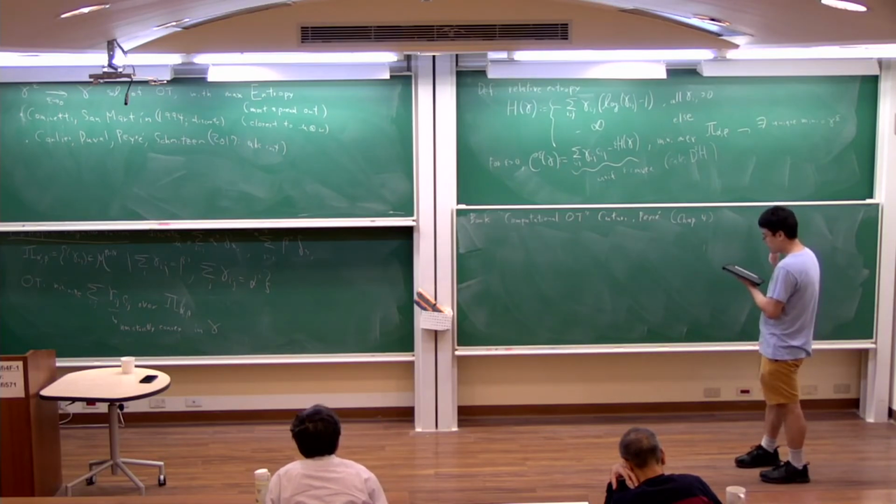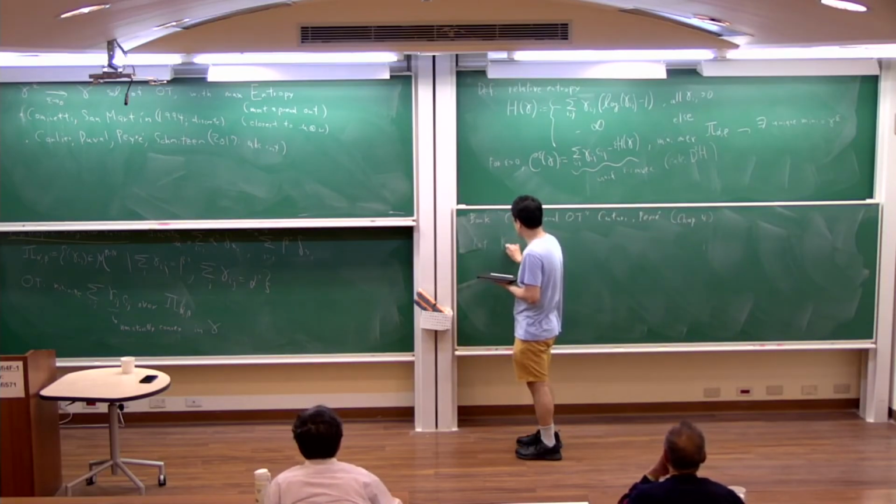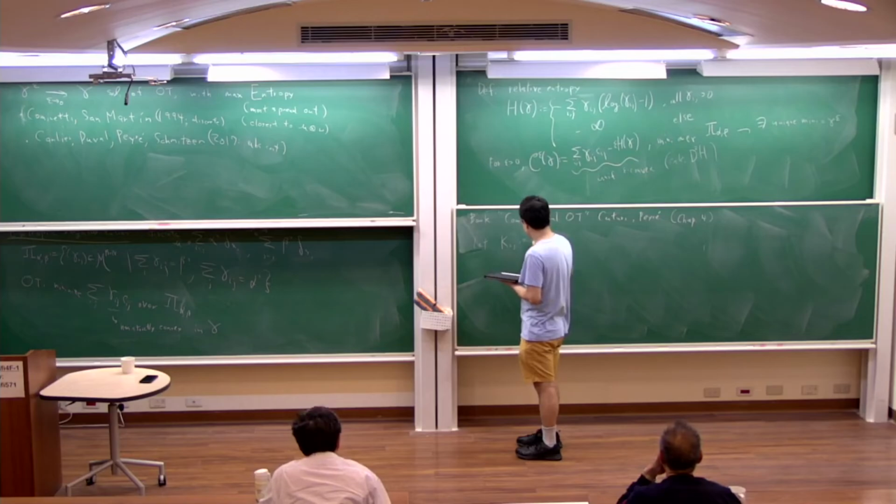So here's the idea. Let me define the following matrix: K ij is e to the minus C ij over epsilon.